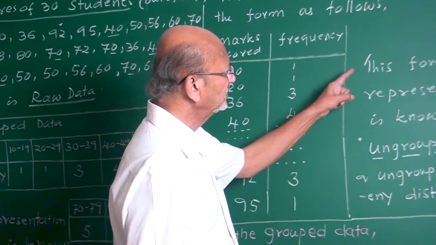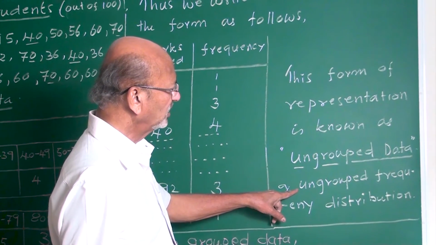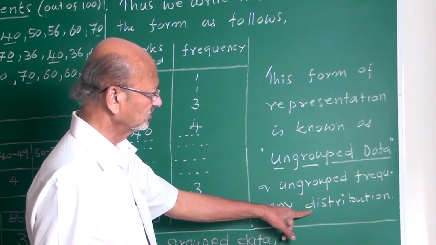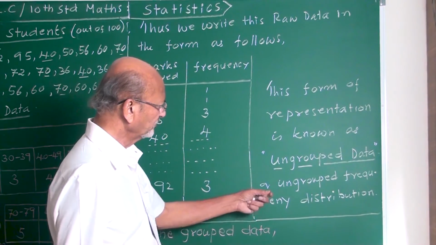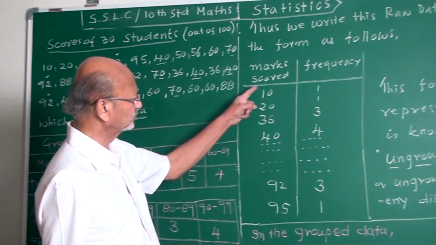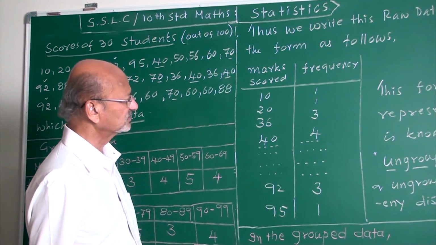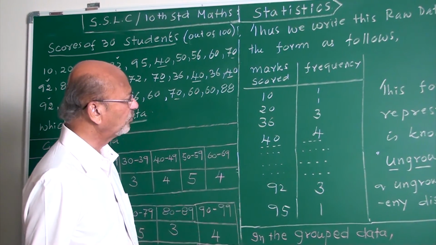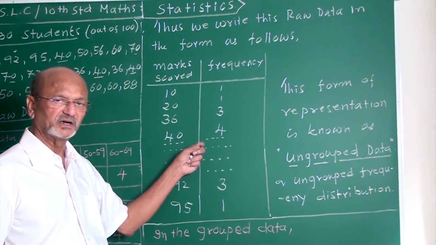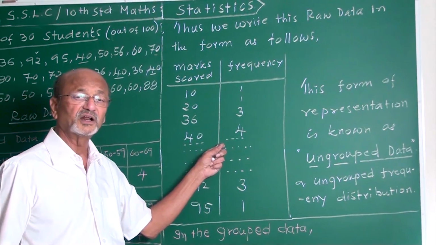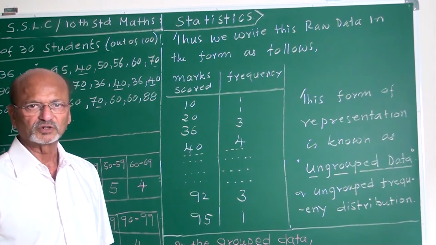I told you this form of representation is known as ungrouped data, otherwise ungrouped frequency distribution. Again, my friends, this ungrouped data can be condensed and rearranged in a still shorter form.